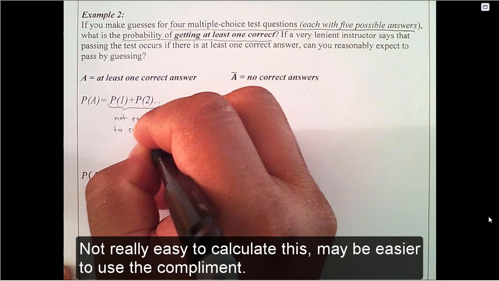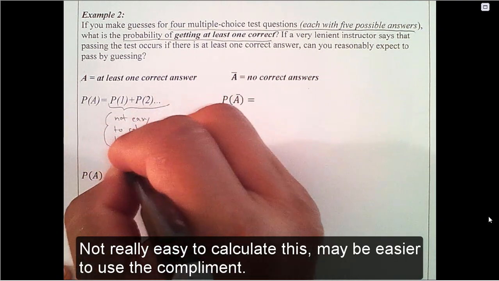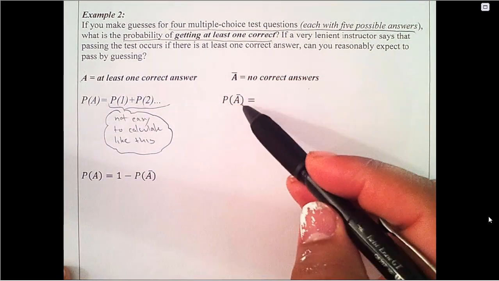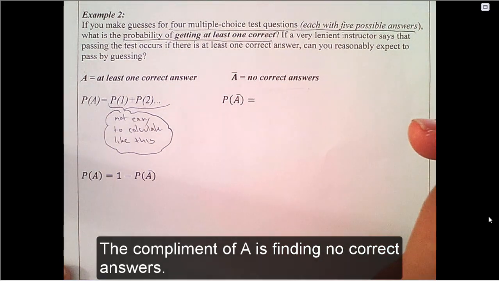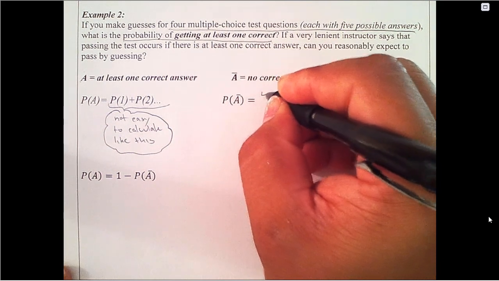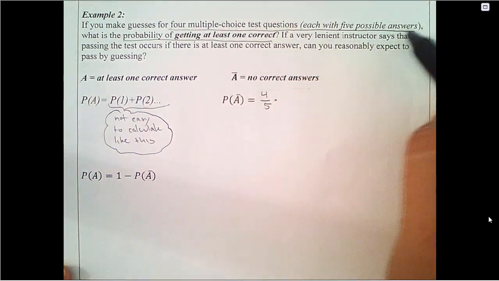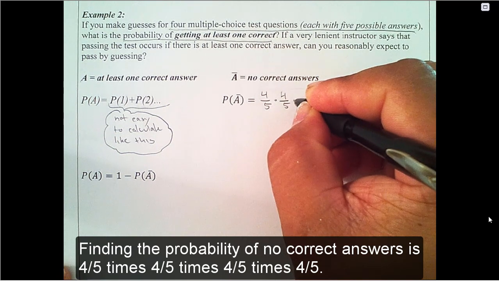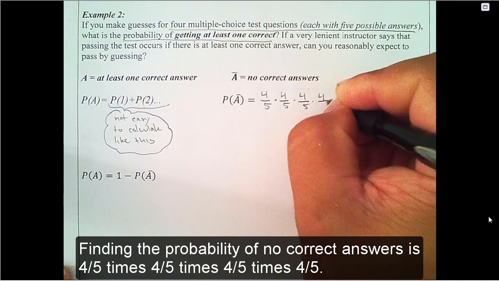Not really easy to calculate this. May be easier to use the complement. The complement of A is finding no correct answers. Finding the probability of no correct answers is 4 out of 5 times 4 out of 5 times 4 out of 5 times 4 out of 5.